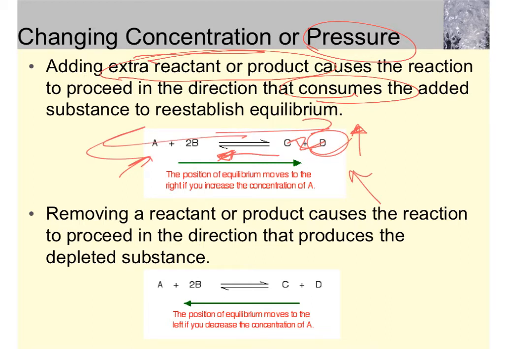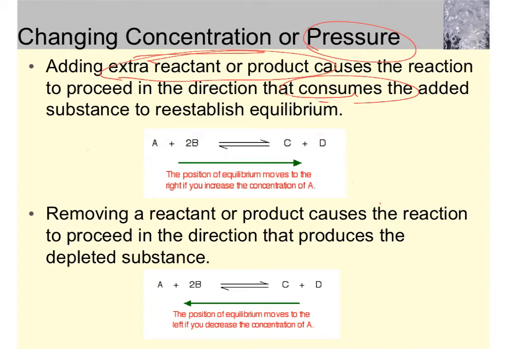Now, you can perturb a reaction not only by adding extra product or reactant, you can also take away reactant or product. So that's going to have an opposite effect, all right? If I remove product, and a lot of industry does this, by the way, they remove product as it's formed.